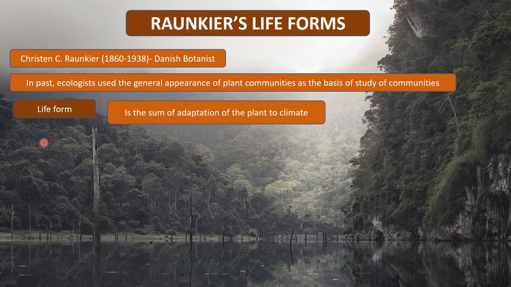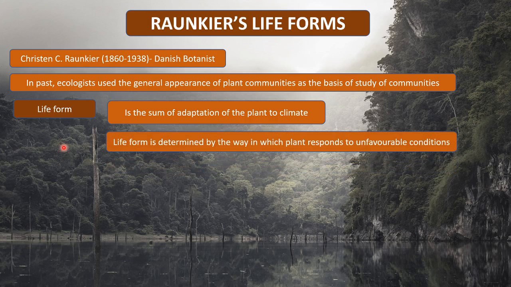Therefore let us understand what a life form is. Life form is the sum of adaptation of plant to climate. So Raunkiaer defined life form as the sum of adaptation of the plant to the climate. That is, how a plant adapts to a particular climate is termed its life form, right? He determined life form by the way in which a plant responds to unfavorable conditions.